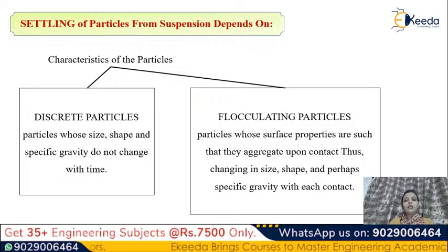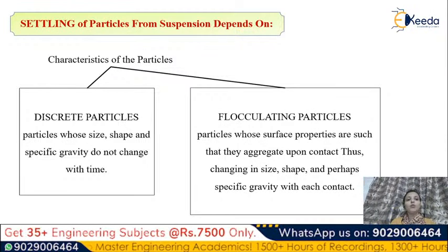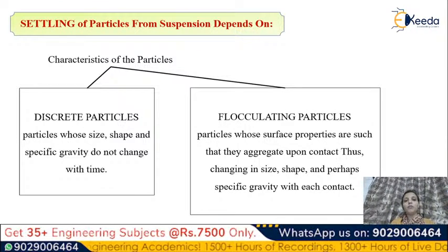Again, these are some important considerations that we have to consider while designing sedimentation basins. The settling of particles from the suspension depends on the characteristics of the particles. There are two types of particles: one is discrete particles and the second is flocculating particles. What are discrete particles?